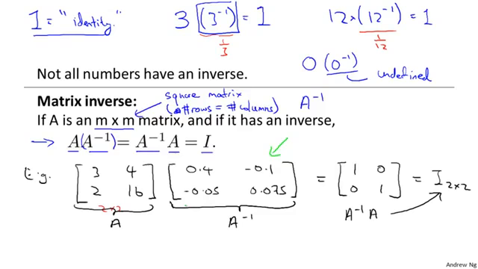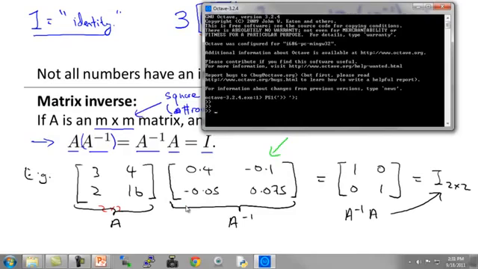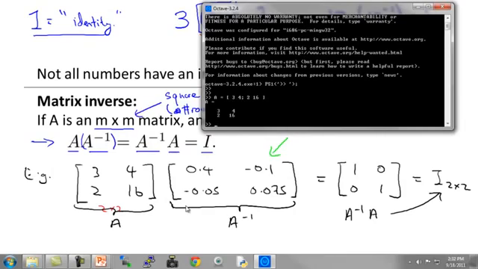What I did was I used software called Octave. Let me bring that up. We'll see a lot more about Octave later, but let me just quickly show you an example. I'm going to set my matrix A to be equal to that matrix on the left. I'm going to type 3, 4, 2, 16. So that's my matrix A, the matrix 3, 4, 2, 16 that I have down here on the left.